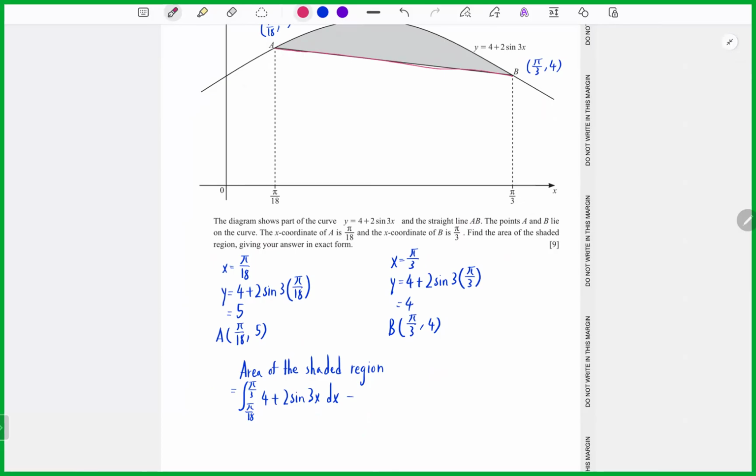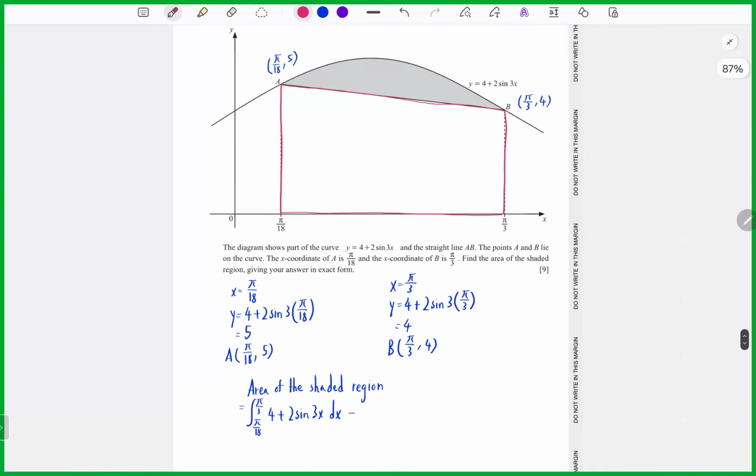Trapezium, right? So you can use the area of the trapezium to solve this part. 1 over 2 multiply 1 over 3 pi minus 1 over 18 pi. And then multiply 5 plus 4, you will get 9.